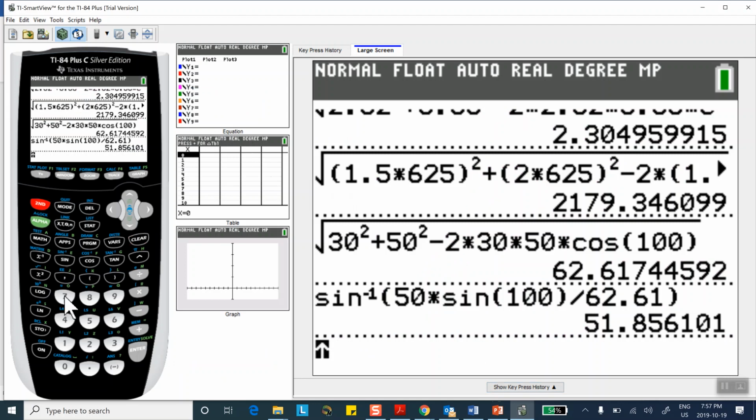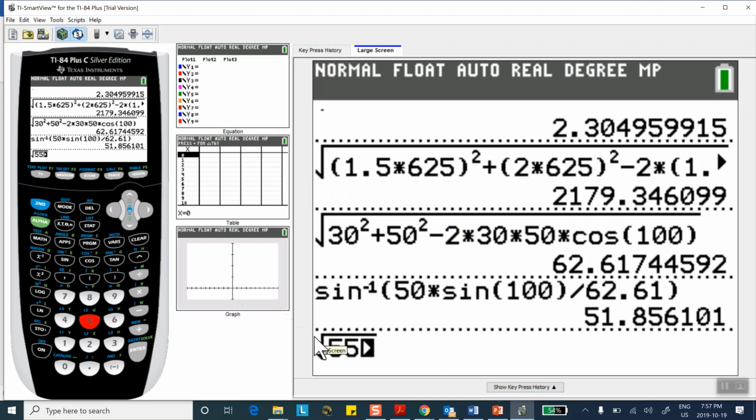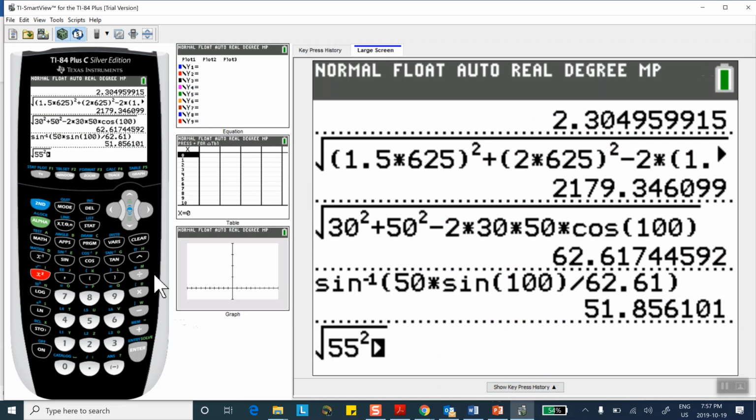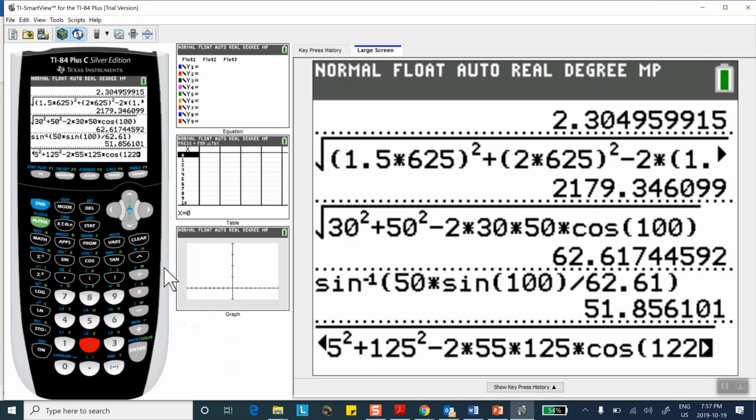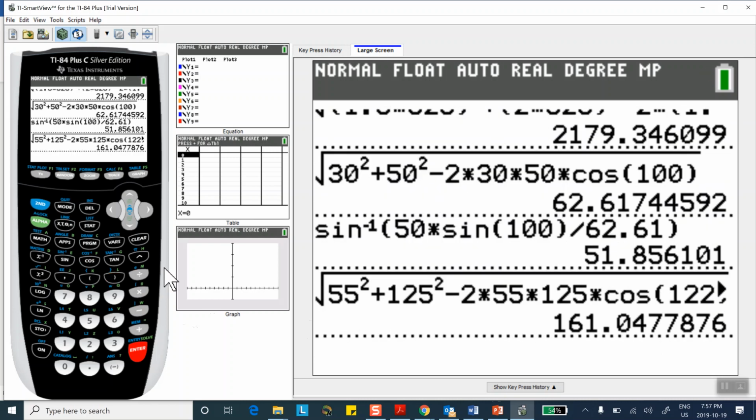Second function, square root. 55 squared plus 125 squared minus 2 times 55 times 125 times cosine of 122. And we get our answer, 161 feet.